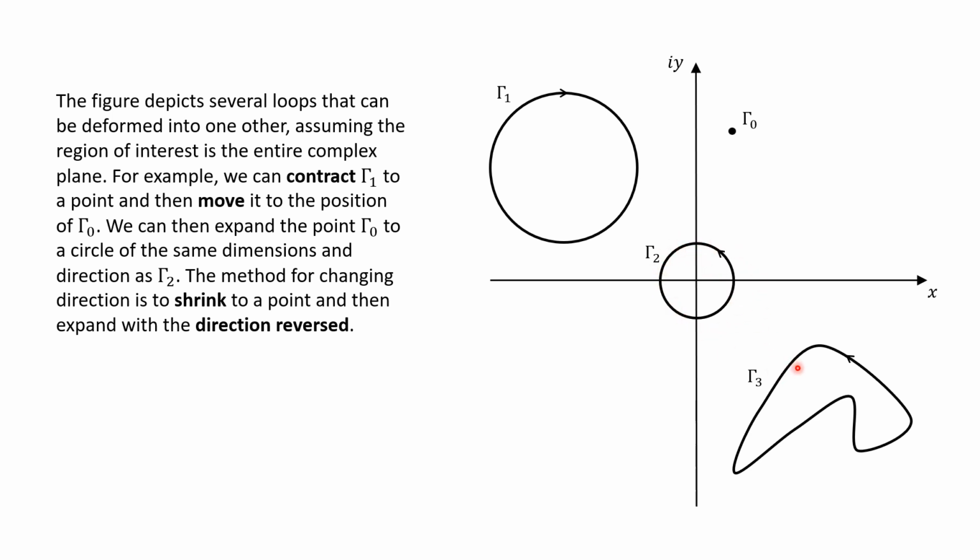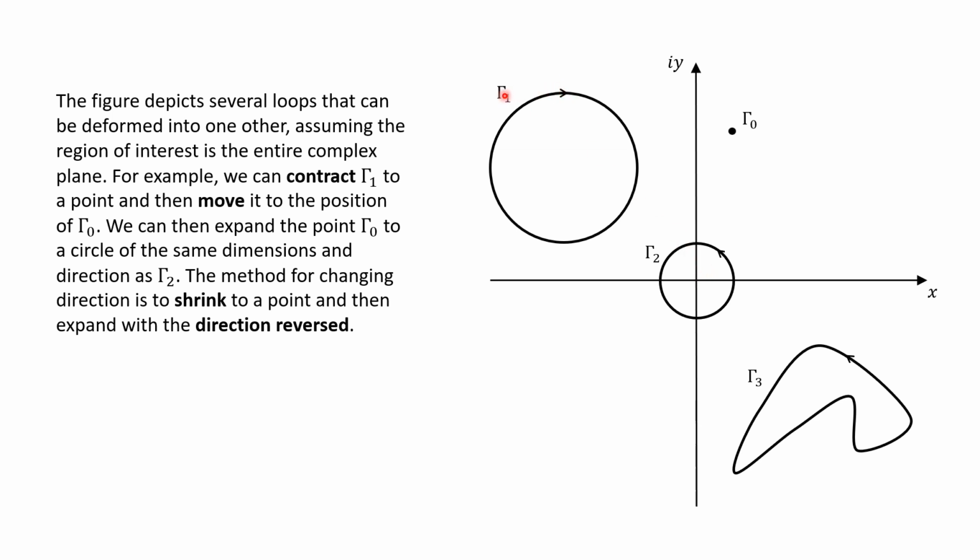So gamma sub 3 and gamma sub 2 are deformable into each other. We could also go from gamma sub 1 to gamma sub 2, but there's a little bit of a wrinkle here in addition to the size difference.